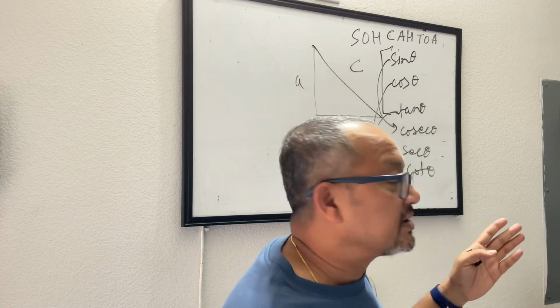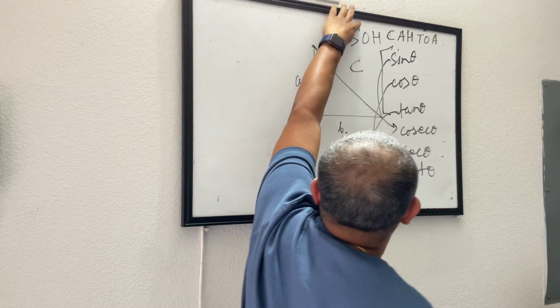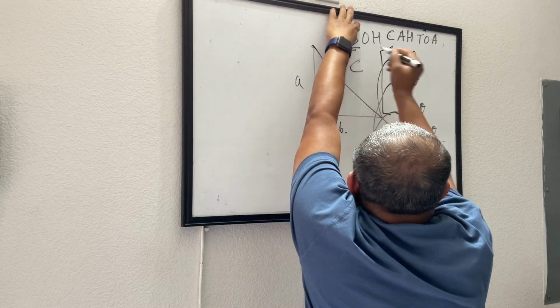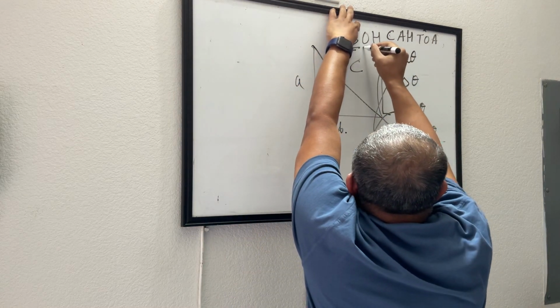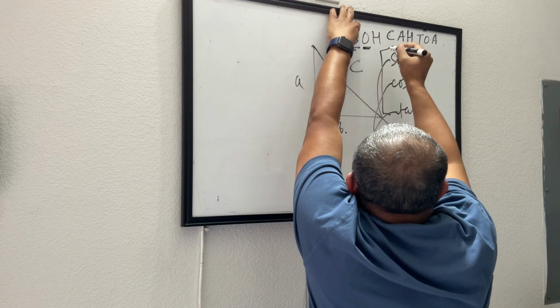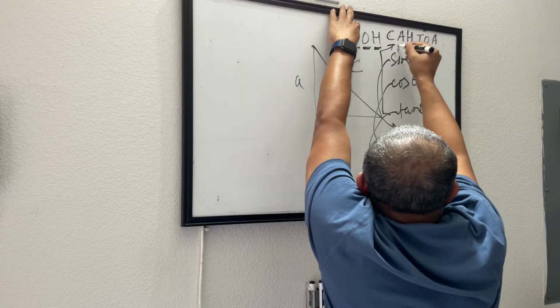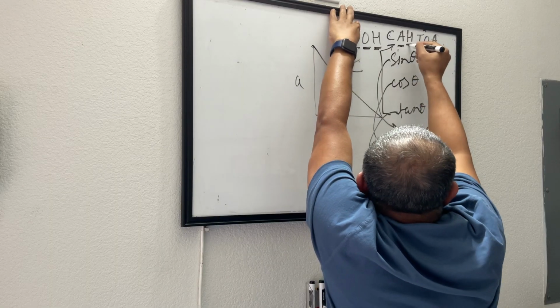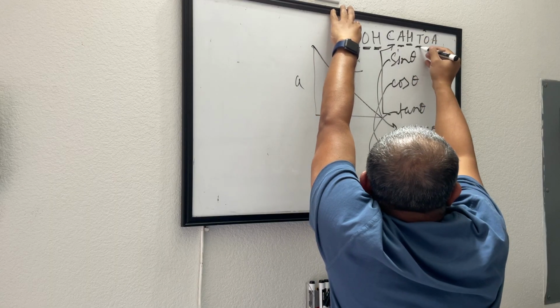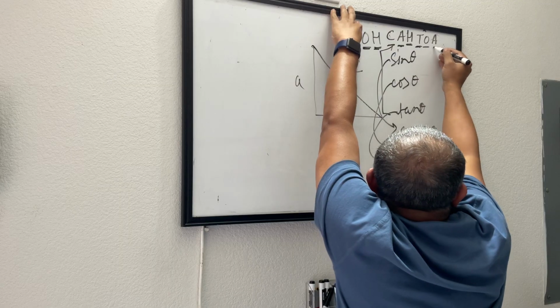S stands for sine, O stands for opposite side, H stands for hypotenuse, C stands for cosine, A stands for adjacent side, H for hypotenuse, T stands for tangent, O for opposite side, A for adjacent side.